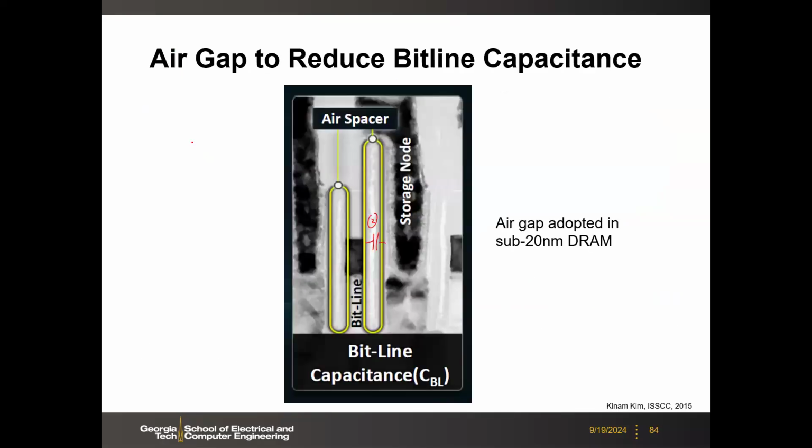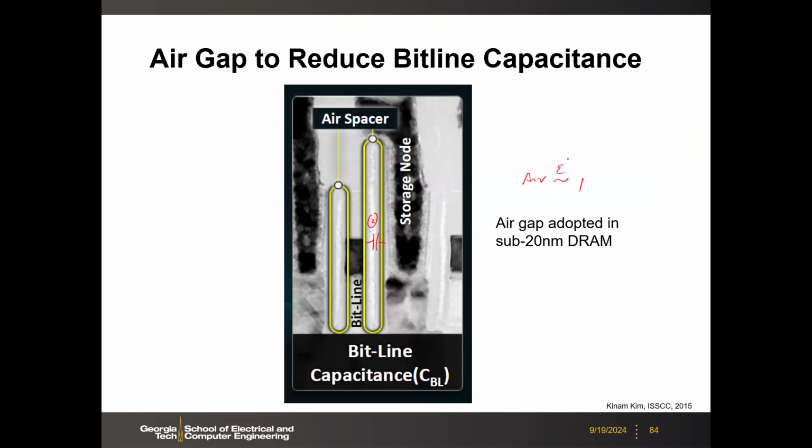So if you use air spacer here, so basically you create some void in the structure, and you have nothing here, basically air. Then air's epsilon is close to 1. So that will help.